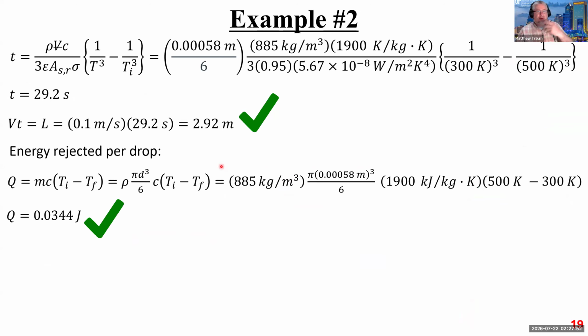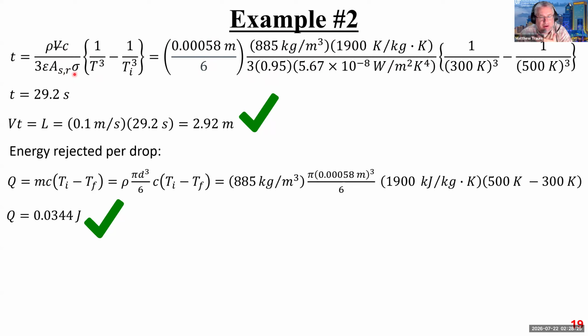Okay, so here I am plugging in, right? Here's density, here's volume. Oh, no, there's no volume. Where did the volume go? Volume divided by area is just, for a sphere, the outer radius divided by 6, right? So V over A is just this. And then here's my density, here's my specific heat, here's my number 3, here's my emissivity, here is my Stefan-Boltzmann constant.